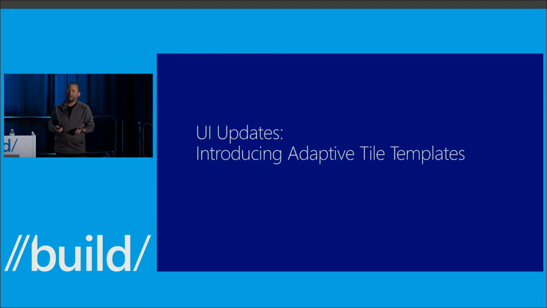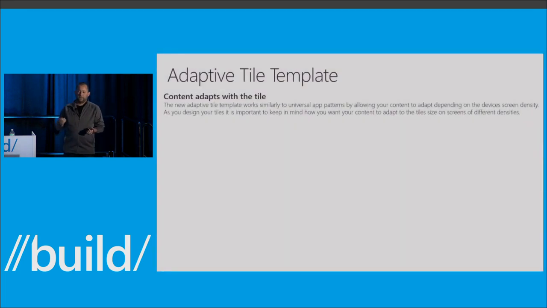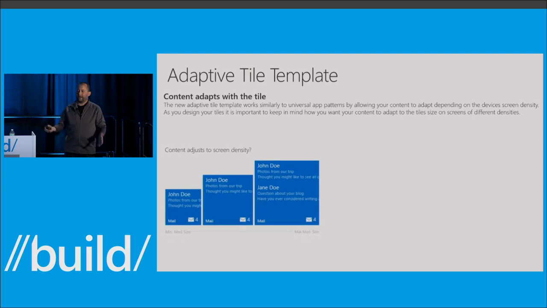Hopefully the feedback this year after Build won't be, give me more templates, because there's only really 4 that you need. The real principle here is that the content will adapt with the tile. Now, I know this looks like a small, medium, and large tile, but it's not. This is the same tile, and it's changing depending on the density that the screen it's running on can display. So, on the far left, that is a very low-density screen.